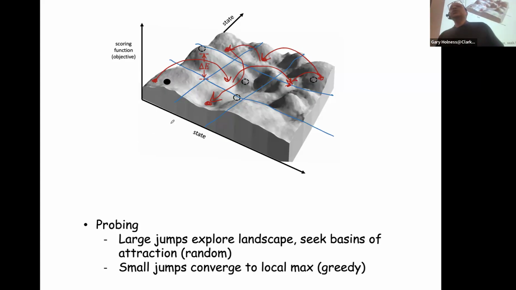So there's all sorts of ways people do that. Effectively, they divide the search regime into a probing phase where you have large jumps, and then you have an exploration phase where you have small jumps. And in that case, this tessellation just gives you a region where you're going to do your search, right? So then what you could do in your next round, you say, I'm going to look at the best region. Let's say the best region was this one.